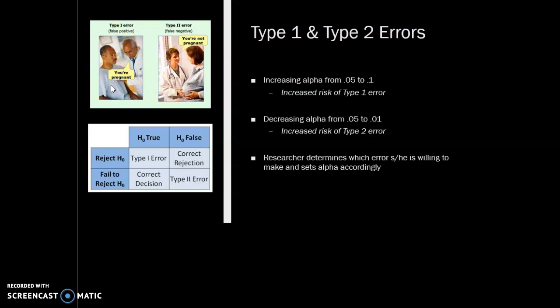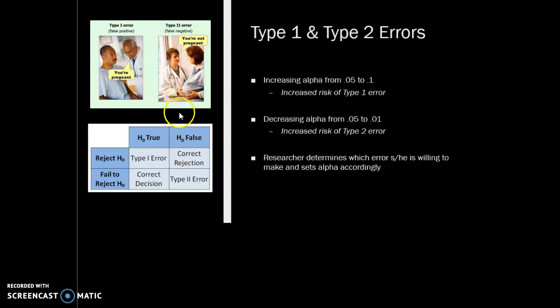So he's basically saying that the null hypothesis is false, right? The null hypothesis in this case for this man would be that he's not pregnant, but the doctor says that in fact he is pregnant. So we reject the null that he's not pregnant, but we're making a type 1 error, right? We're essentially making a false positive statement. We say there's an effect, but one doesn't actually exist.